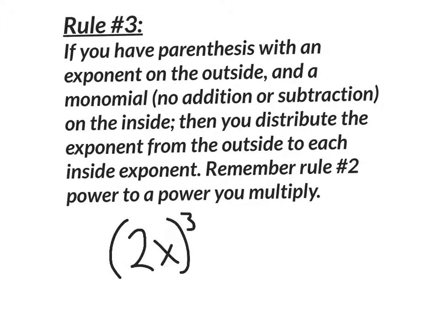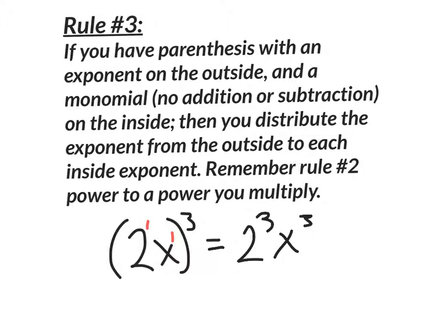Okay. Distribute the outside exponent 3 to the inside exponents. And I hear you guys say put a 1 on the 2 and a 1 on the x. That's a smart thing to do, so you could actually remember that you're going to be multiplying the outside exponent of 3 times 1 and the outside exponent of 3 times 1. So what do we have as an answer so far? 2 to the third power and x to the third power.